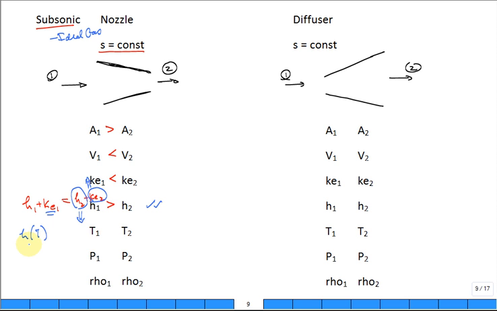Enthalpy is only a function of temperature. Higher temperature, higher enthalpy. Lower temperature, lower enthalpy. Can I turn it around? Yes, you could say higher enthalpy, higher temperature. Lower enthalpy, lower temperature. Is that right? Yeah.